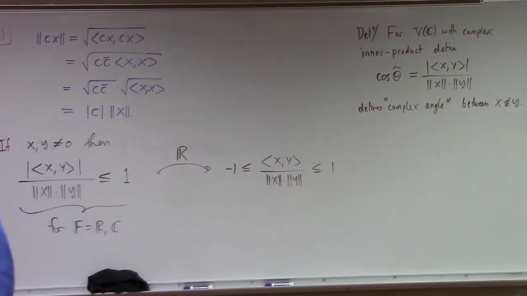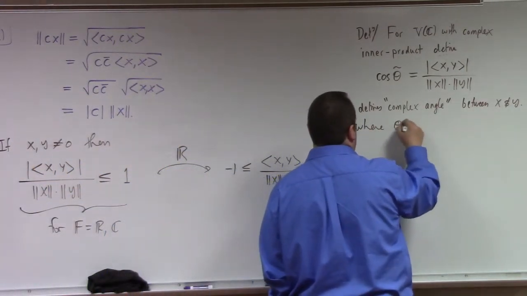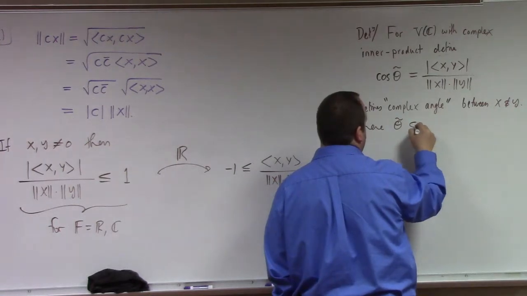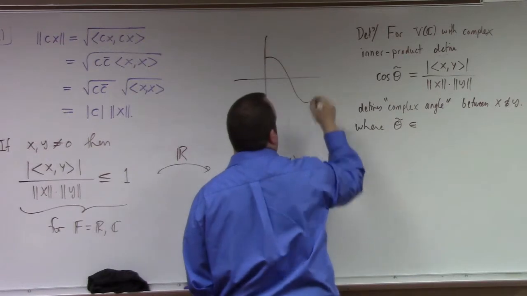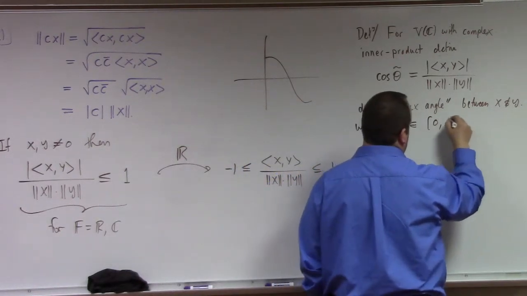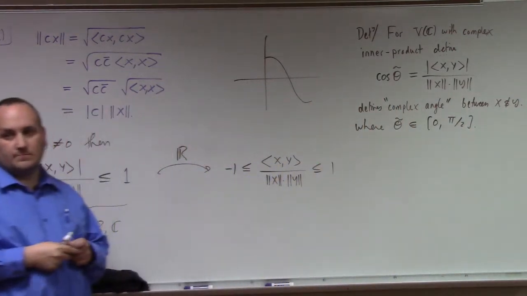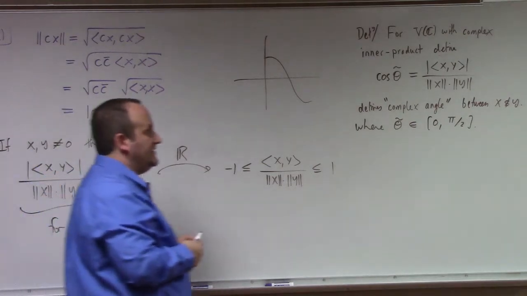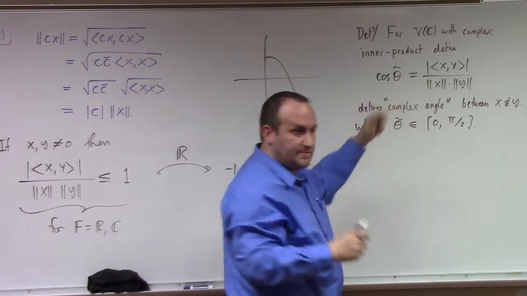It's a real number. I'm taking the cosine of it, okay? Where is theta tilde? What's cosine look like? Like that, right? So theta tilde is an element of 0 to pi over 2, because I need that to come out to be a positive number, or possibly 0 at worst.